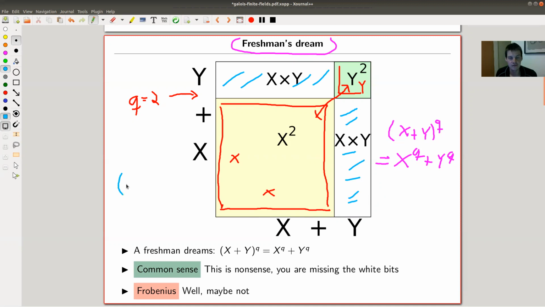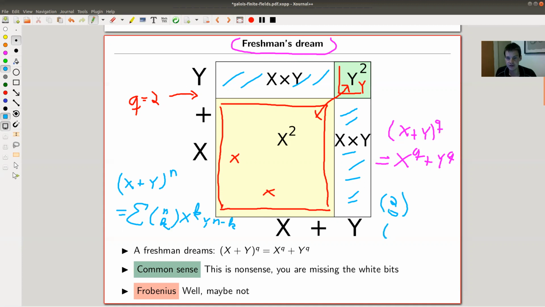And of course, probably all of you have seen at one point the binomial theorem. This is just a sum over the binomial coefficients n over k, times x to the k and y to the n minus k. So you're missing out quite a lot. You're just taking the two extremal points of the sum formula. In this case, you have 2 over 0, that's the one you pick.